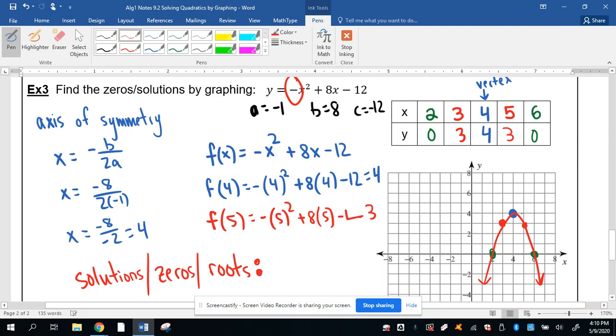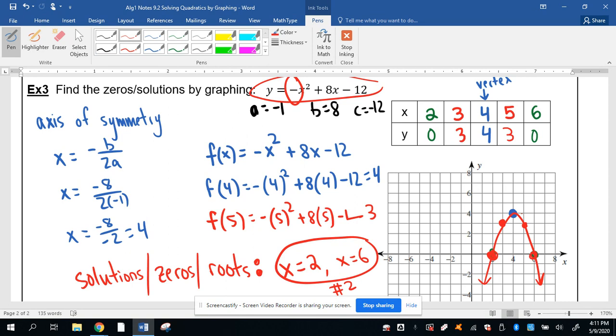All of that is just saying where does the parabola hit the x-axis, and it hits it at x equals 2 and x equals 6. If you go back to our review problem number 2, those were our answers to the same equation, but instead of solving by graphing like we're doing here, in the review we solved by factoring.